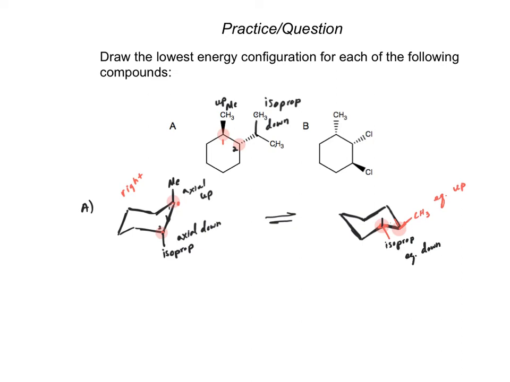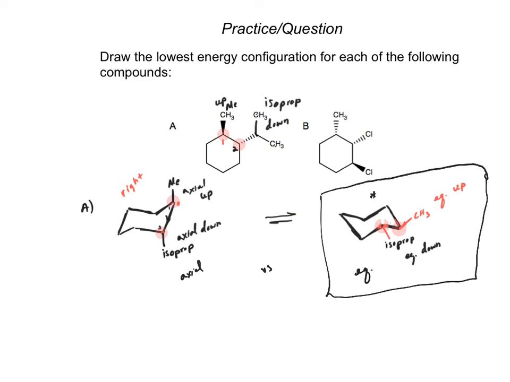Okay, so I'm going to go ahead and erase this thing I drew here because this is only going to confuse people. So we have two versions here, right? We have both of our substituents in the axial position versus both of our substituents being in the equatorial position. I'm looking for the lowest energy conformation. That is going to be this guy where both of my substituents are equatorial, because again, equatorial is energetically more favorable.